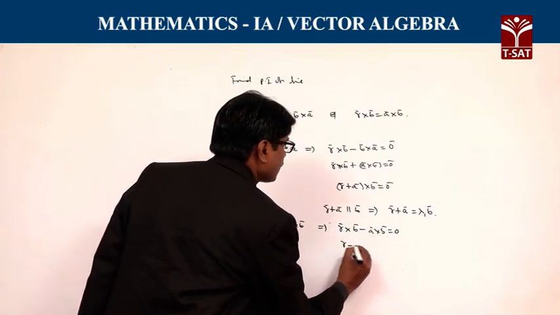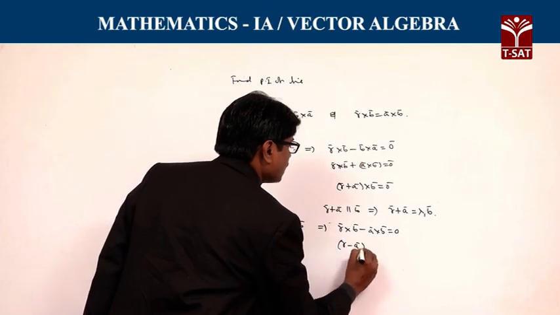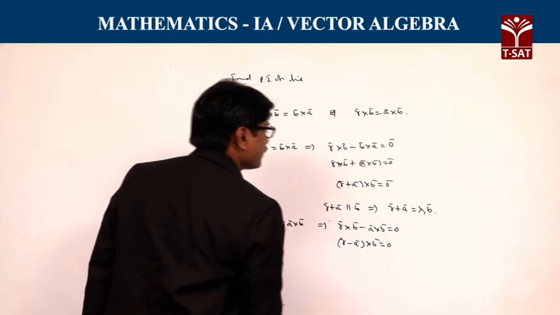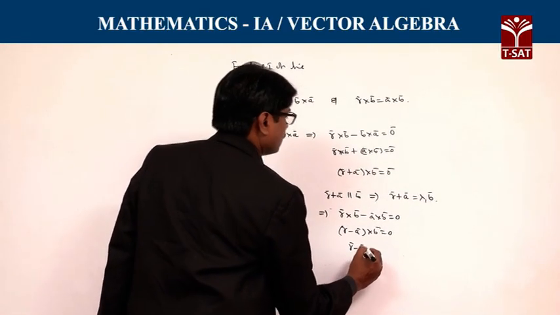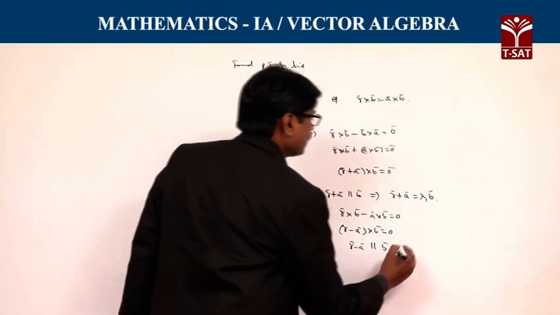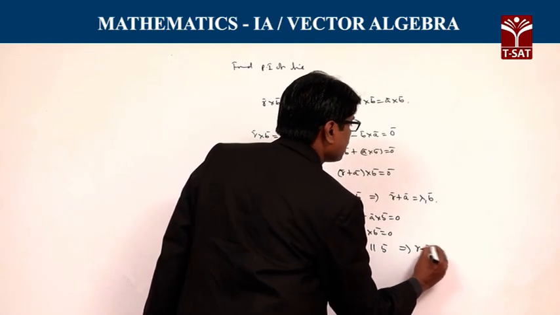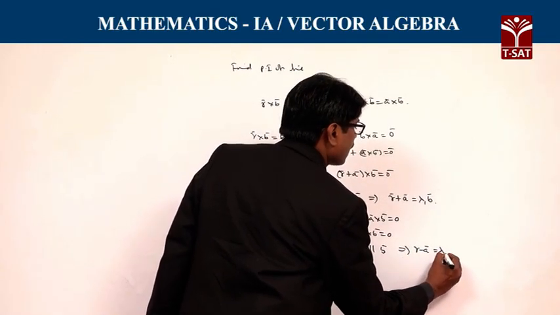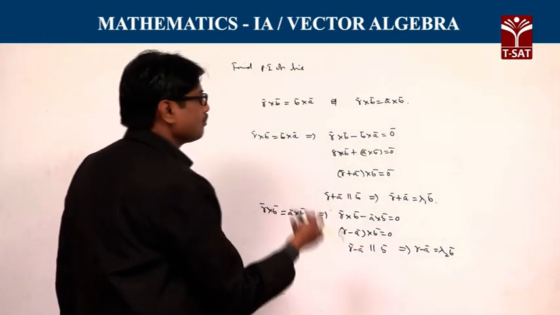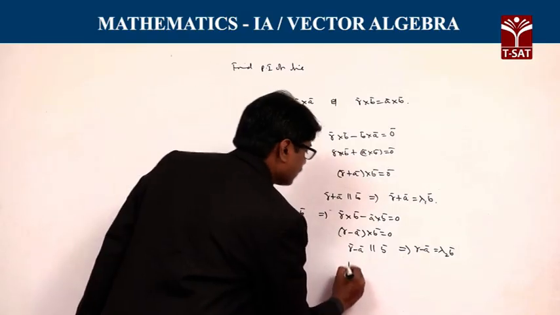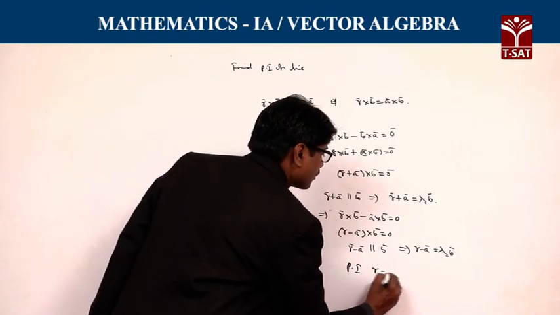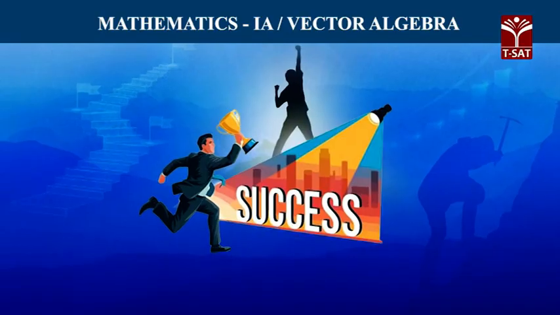So, R bar minus A bar is parallel to B bar, and that implies R bar minus A bar is equal to lambda 2 times of B bar. Go for the point of intersection of these two, and the point of intersection will be R bar is equal to A bar plus B bar.